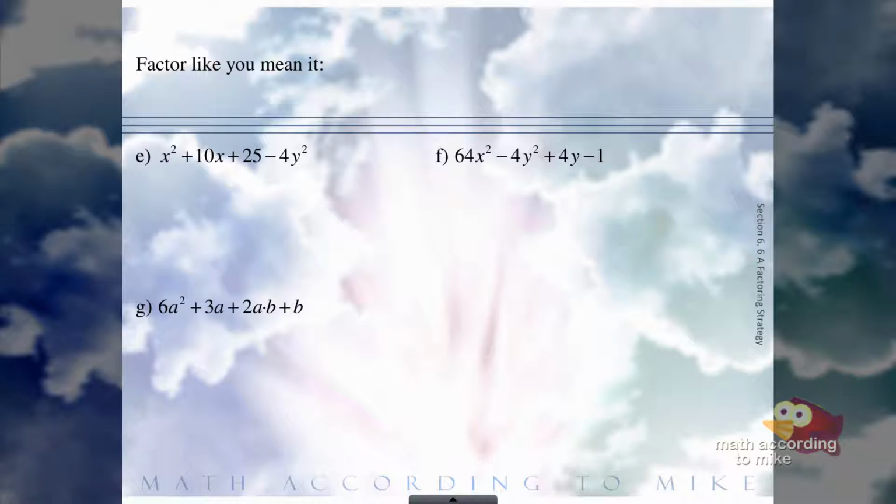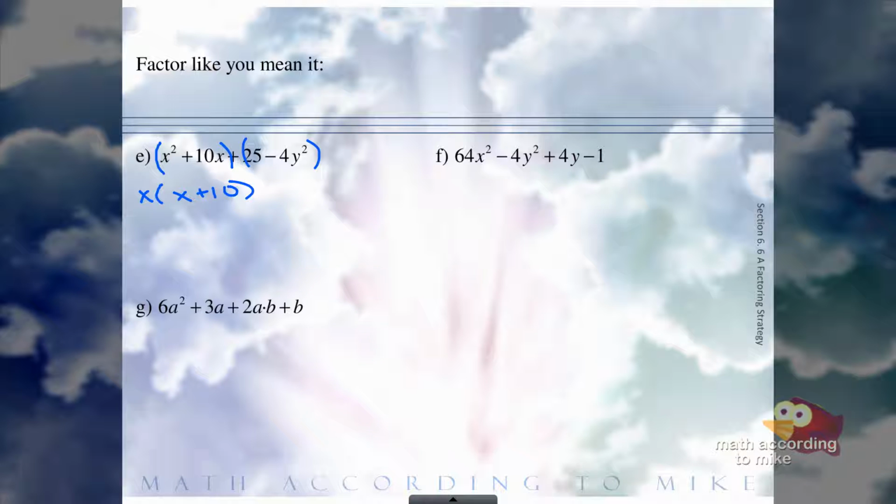Part E, x squared, I'm keeping that in there, plus 10x plus 25 minus 4y squared. Notice we have 4 terms here. If we tried to group 2 by 2, just watch this, don't write this down. From the first group we can pull out an x, and we would be left with x plus 10.